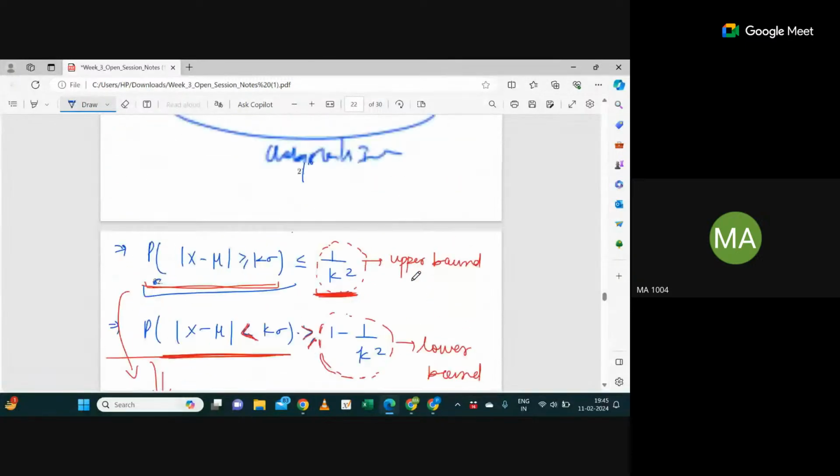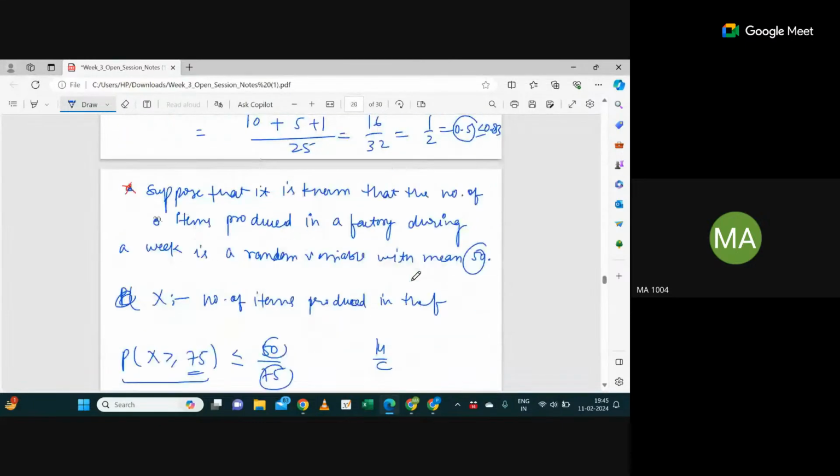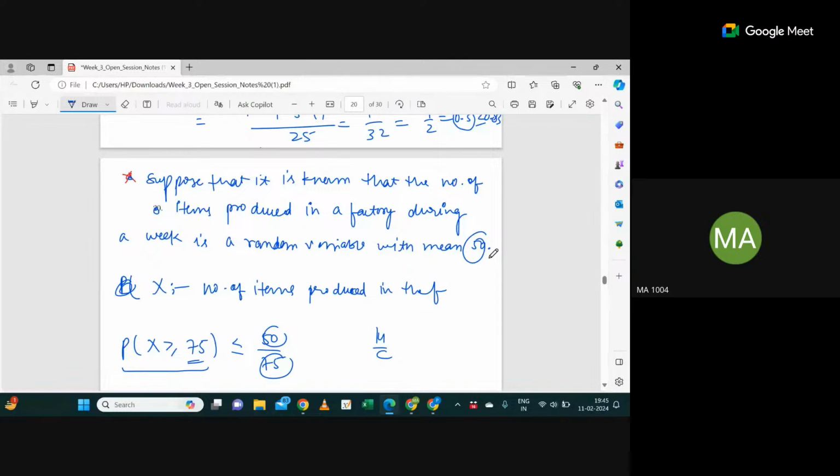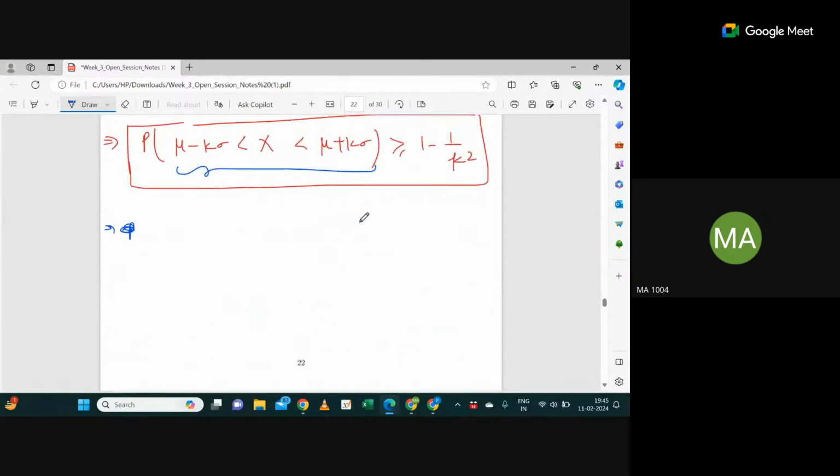Let's see the question part. Suppose x is this week's production with mean 50 and variance 25. The question is, what is the probability that this week's production will be between 40 and 60?